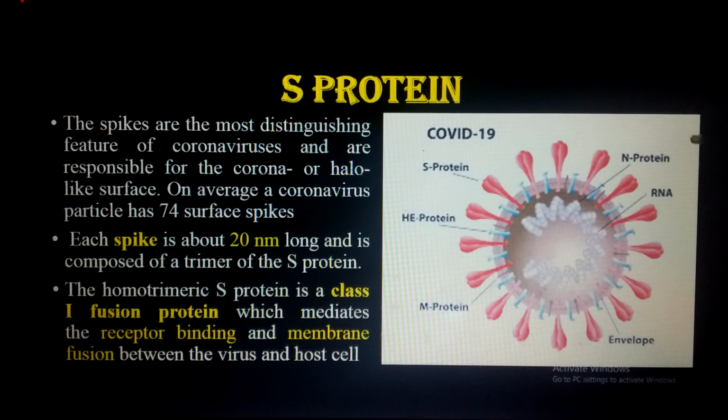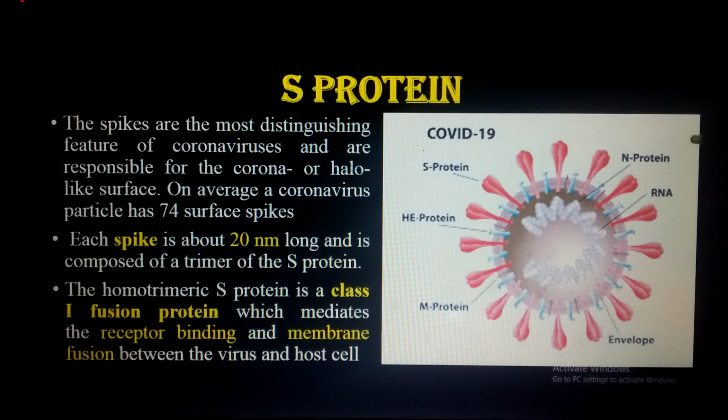There are almost 74 spikes present on the surface of the coronavirus, and each spike is about 20 nanometers long and is composed of trimers of the S proteins.